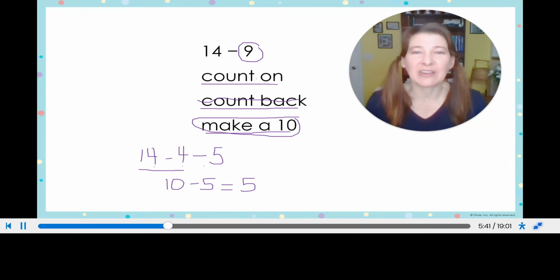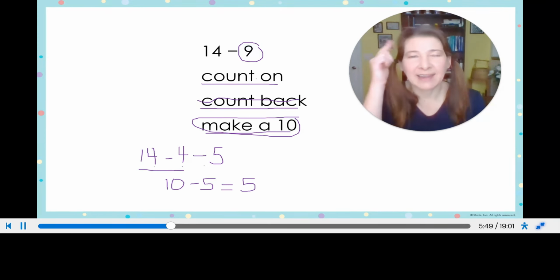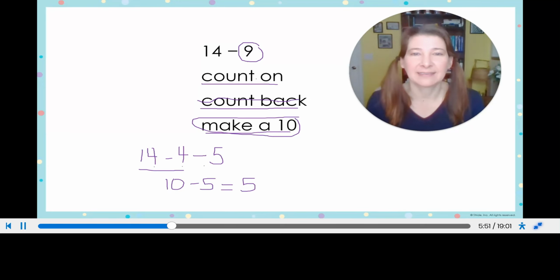And let's do that using our fingers. We want to start at 9 and count on to 14. So we're thinking 9 in our heads, 10, 11, 12, 13, 14. That's 5 fingers. And that's what we found before. So no matter how you do it, 14 minus 9 equals 5.